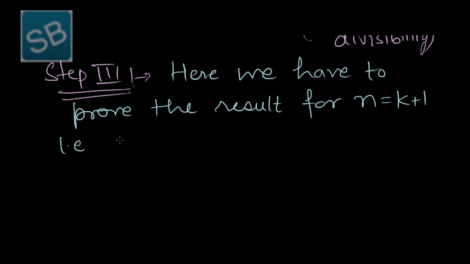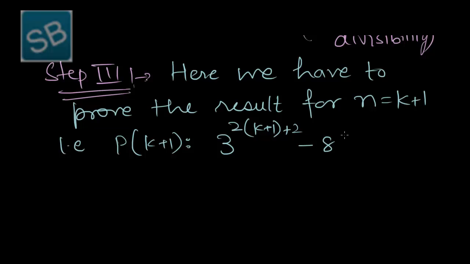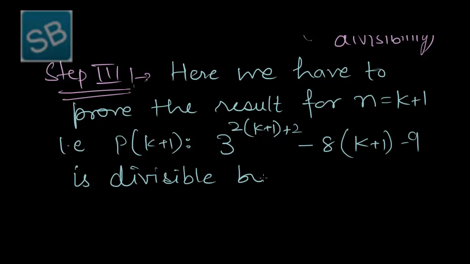That is, we have to prove P of k plus 1, that is 3 raised to power 2 into k plus 1 plus 2 minus 8 into k plus 1 minus 9, is divisible by 8. That means if we prove this statement is equal to 8 times some number, or a multiple of 8, then we say that P of k plus 1 is true.